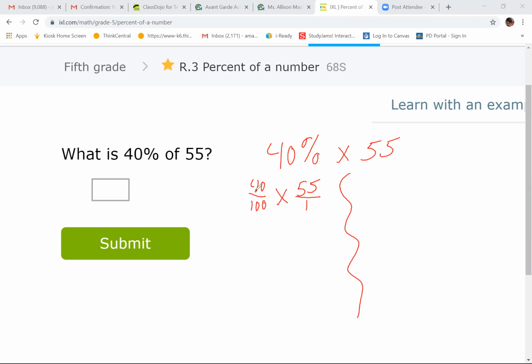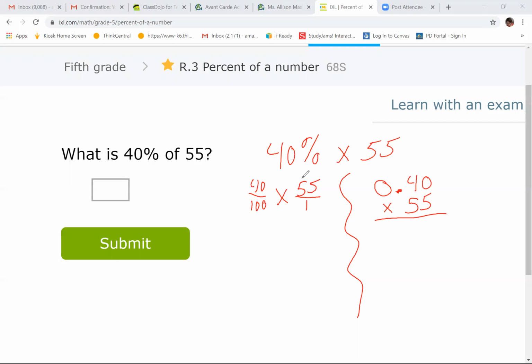If I'm dealing with fractions, I need to put this in a fraction. Or you could say it's going to be 40/100ths times 55. So I could have my answer here or my answer there. Let's go ahead and answer both of those.